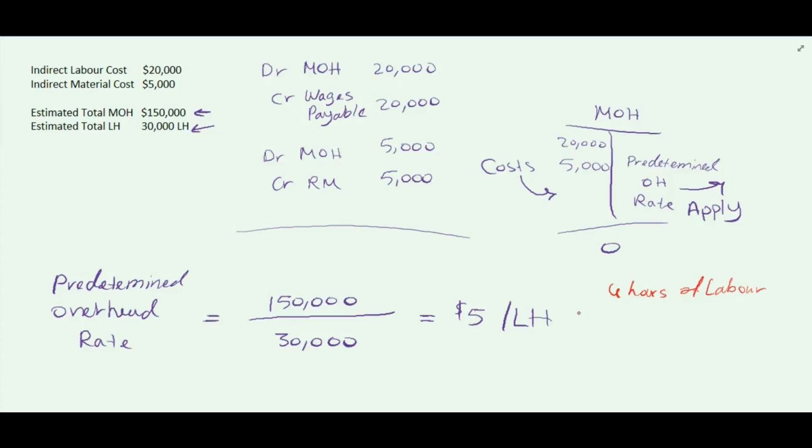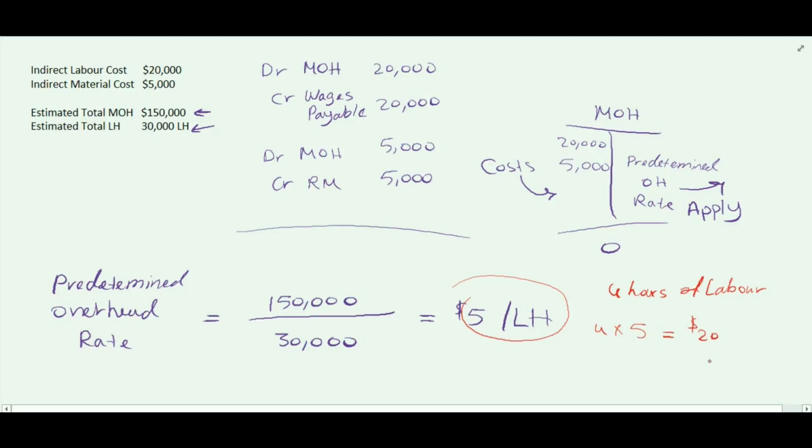To apply the overhead, we will take the total hours required by this product multiplied by the predetermined overhead rate per labor hour of 5, and that will give us 20.